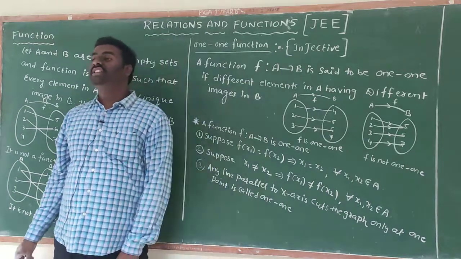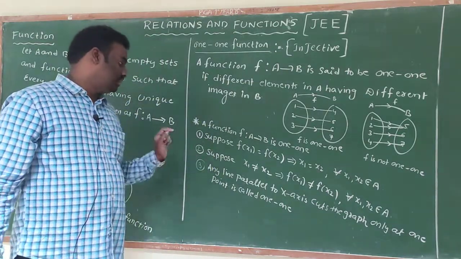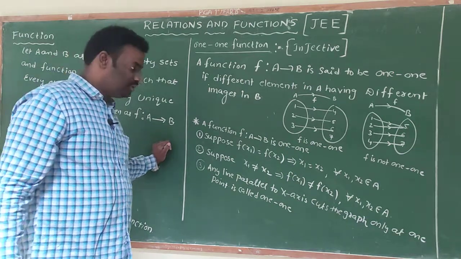Any line which is parallel to the x-axis cuts the graph only at one point. It is also a definition for one-one.